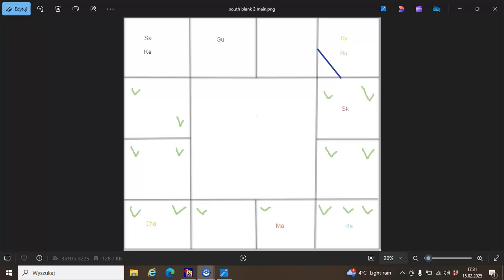Then we moved to the Mahadasha of Kanya. Then after Kanya we had the Mahadasha of Danu. And after Danu we counted the years for the Mahadasha of Mina.